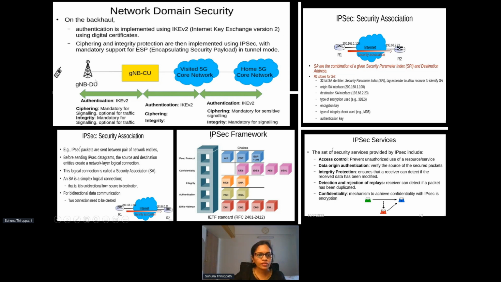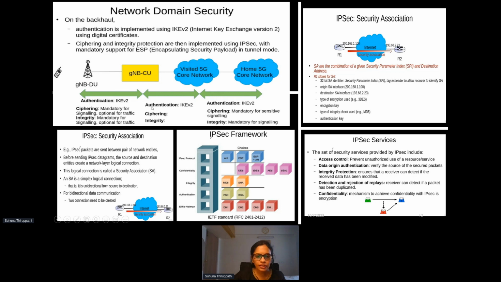So these are the backhauls. The terminal is connected to the gNode B distributed unit, to the centralized unit, from the centralized unit to the 5G core network, and from the visited core network to the home network.